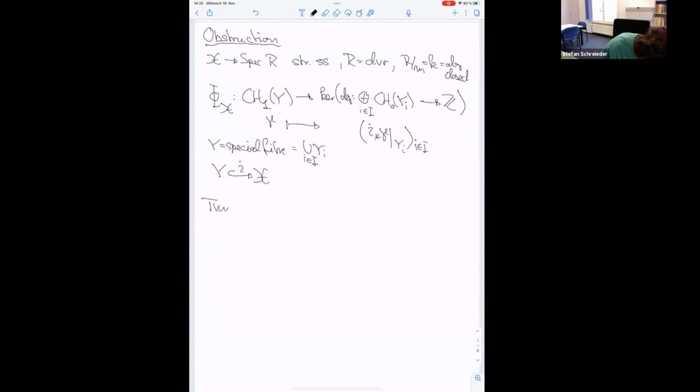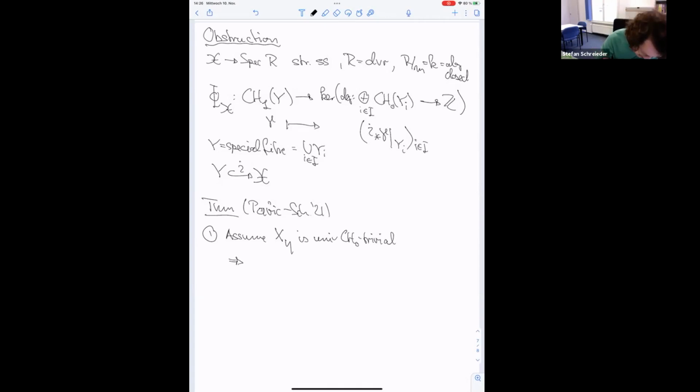And now here's our result. Pavic and myself. So first, assume that the generic fiber is universally CH_0 trivial, or equivalently has a decomposition of the diagonal.